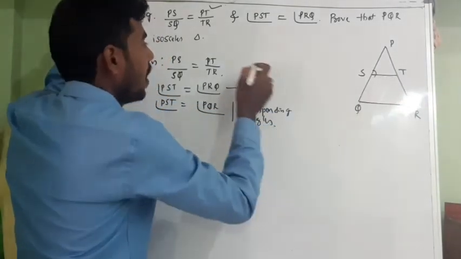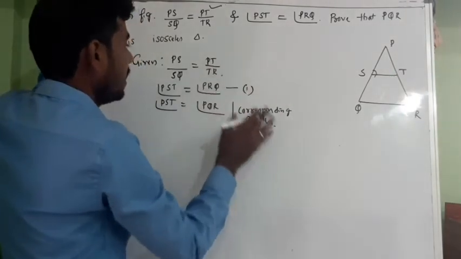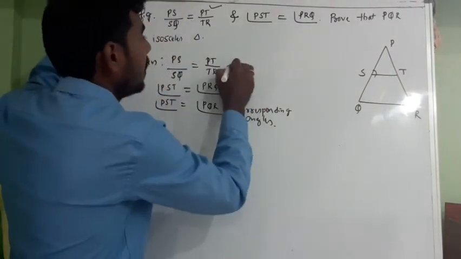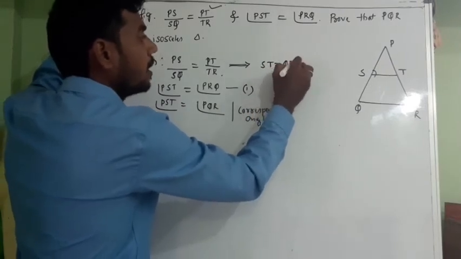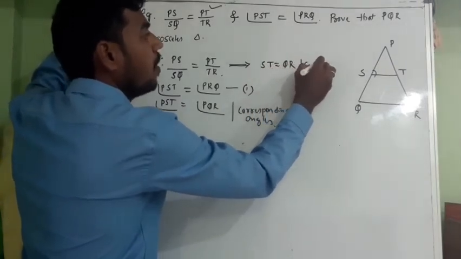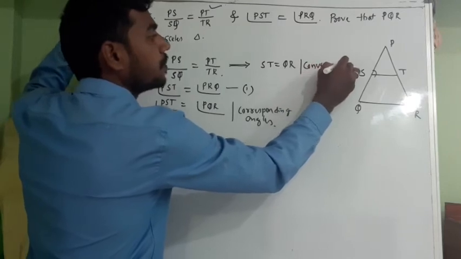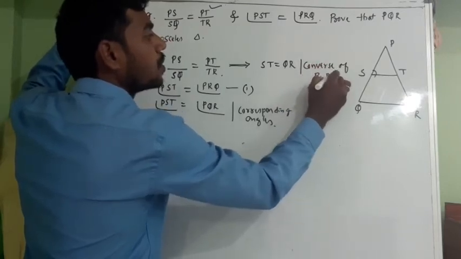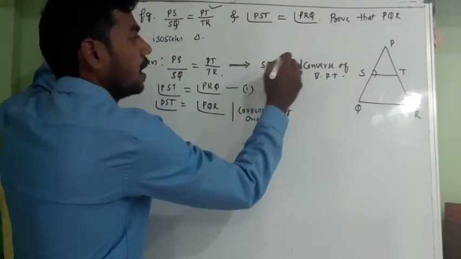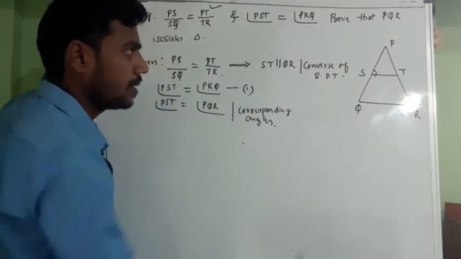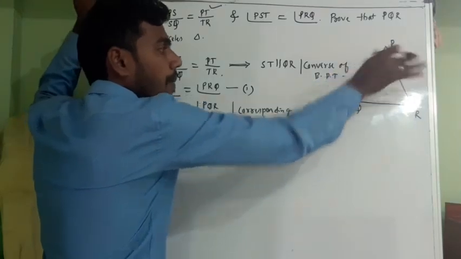So what does it indicate? This implies that ST is parallel to QR. This is from the converse of BPT, the basic proportionality theorem. ST is parallel to QR because ST is dividing PQ and PR in the same ratio.